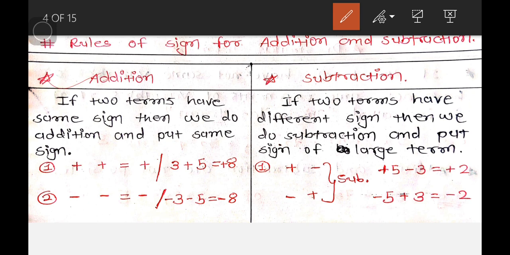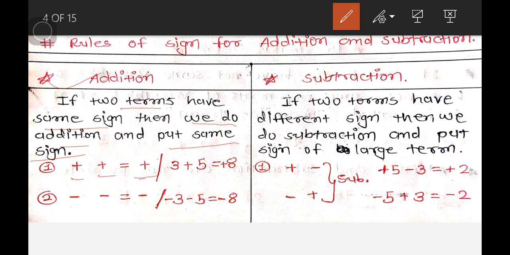In addition, if two terms have same sign, then we do addition and put the same sign. Here is the example: if the first term has positive sign and the second term has positive sign, then we do addition and put the same sign.